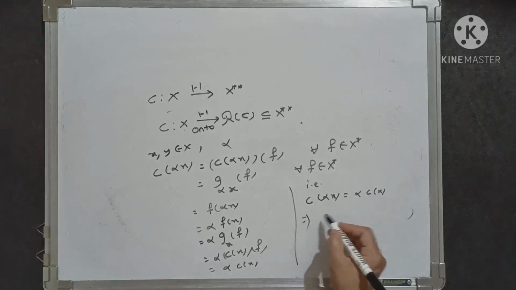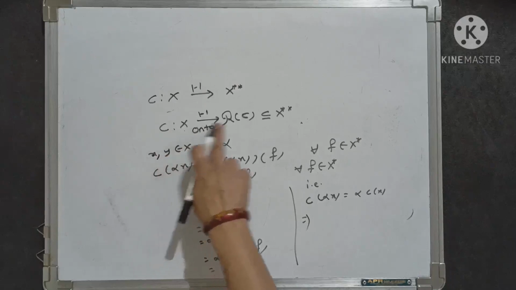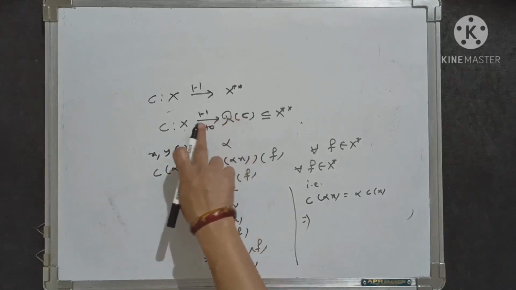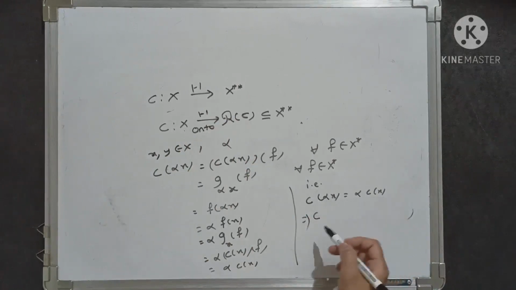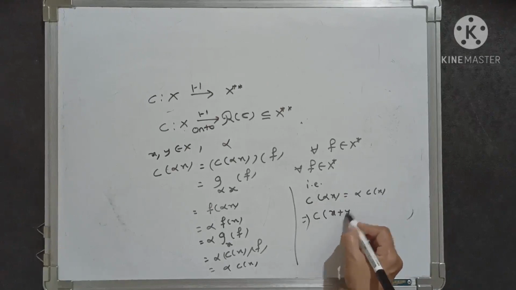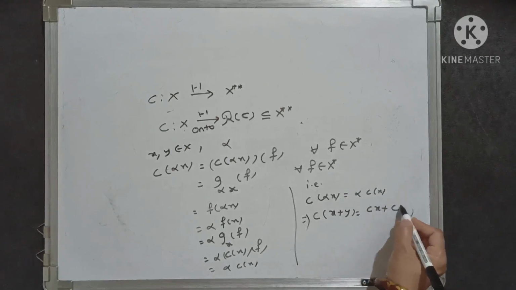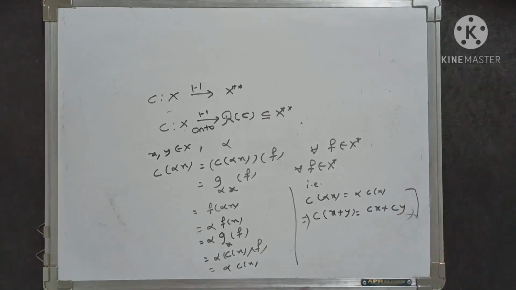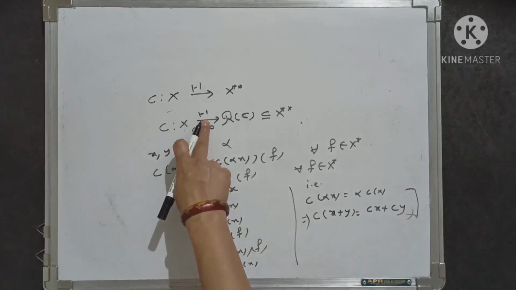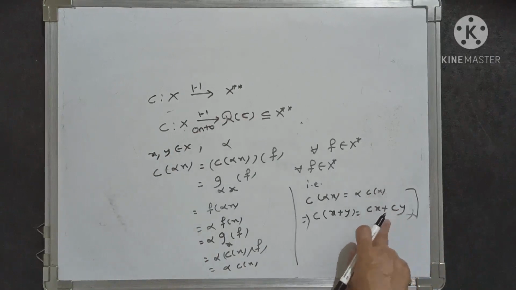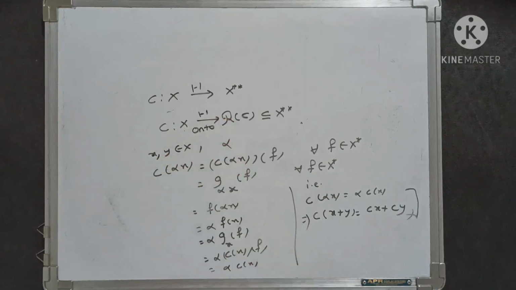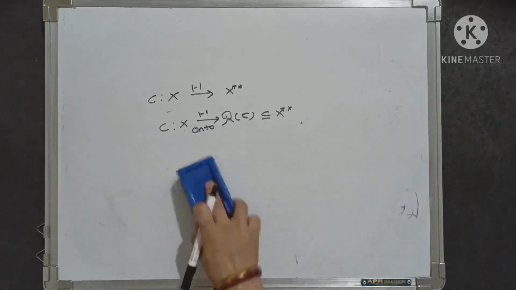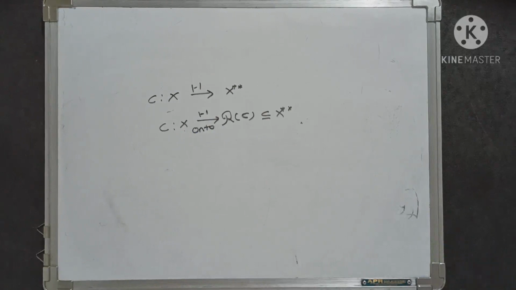This implies that the mapping C from X to script R of C is 1-1 and onto, and as we get the two results, that C of alpha x is equal to alpha C of x and C of (x plus y) is equal to Cx plus Cy, from this we get that the mapping C is bijective as well as structure preserving, that means linearity, and therefore the mapping C, which is from X to script R of C, is an isomorphism.